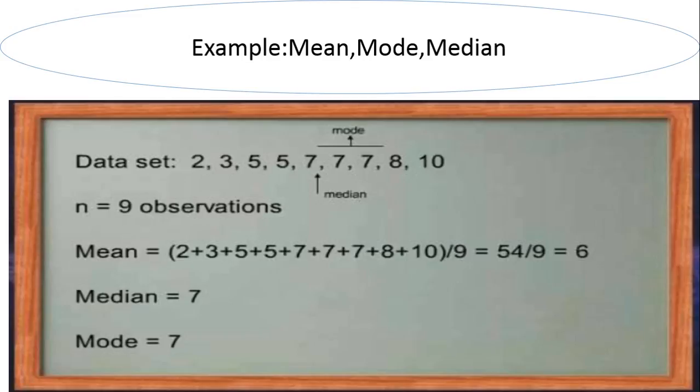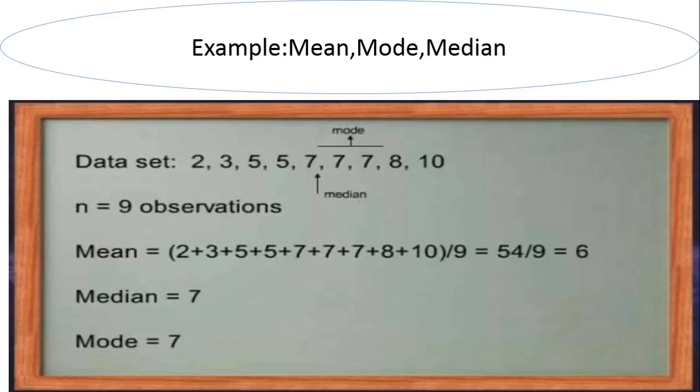After and before the observation 7, we have the same number of observations, which is 4. So the median is 7. The mode is 7 because 7 has the highest frequency, which is 3. There is no other figure that appears more than 3 times as 7 does. So the mode is 7.